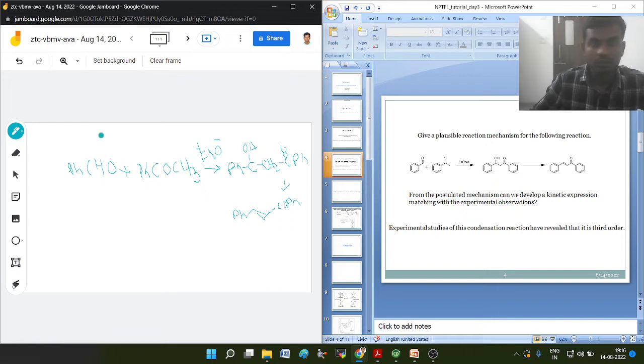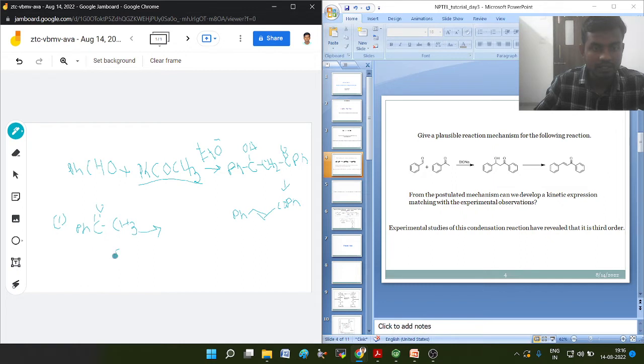Now there will be a lot of things. Anyway, I will try to show you here. So first we will try to get the mechanism, which is very easy. I don't think I can show all these things here, but anyway, I will try. So what will happen first? This PhCOCH3, in presence of base, will undergo deprotonation.